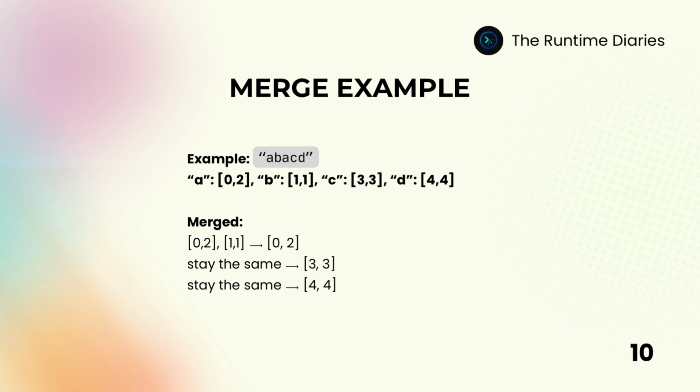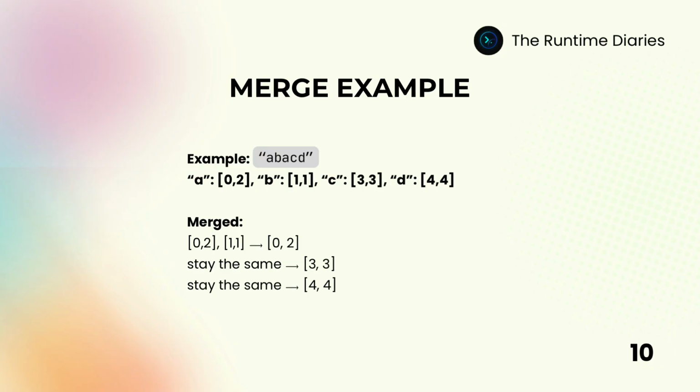Start with 0, 2. That is our current block. Next interval is 1, 1. Does it overlap? Yes, because 1 is less than or equal to 2. So we merge it into the current block. The merged block is 0, max of 2 and 1, which is still 0, 2.